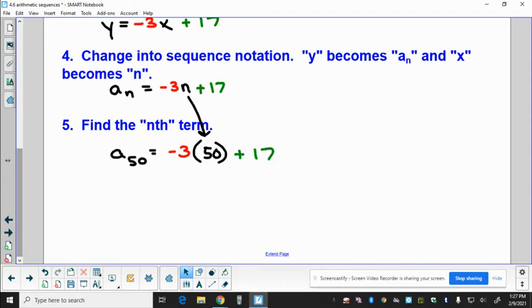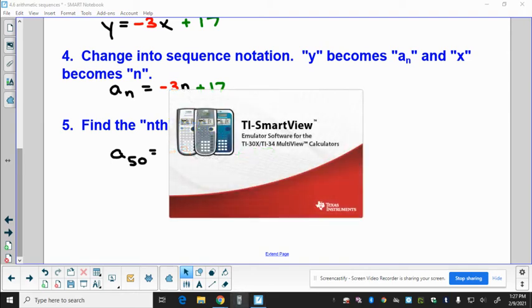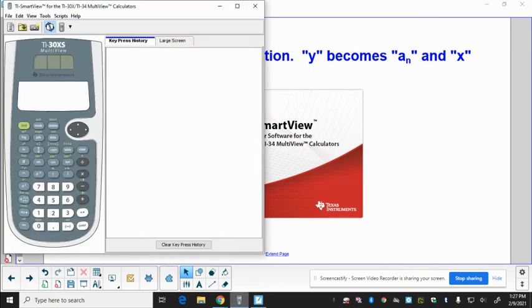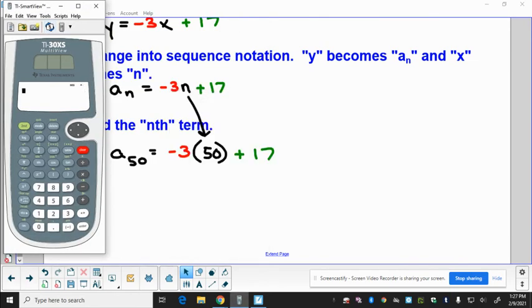Now, you can get your calculator out. You could do this mentally, whatever you want to do. But as long as you recognize that if you're being asked to find the 50th term, that will replace N. N means 50. Then it's going to be quite easy. Let's go ahead and try it. In this case, -3 times 50 plus 17.